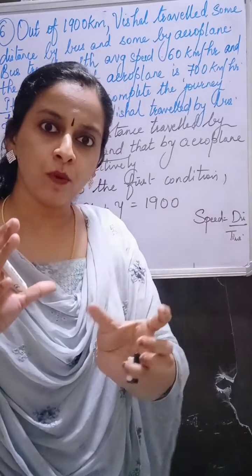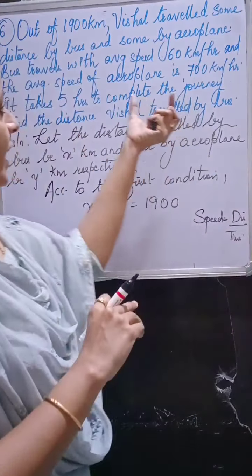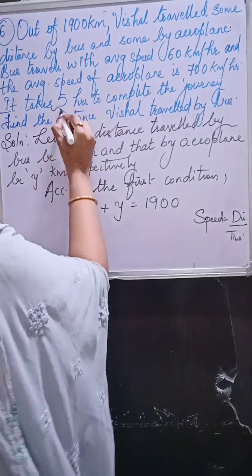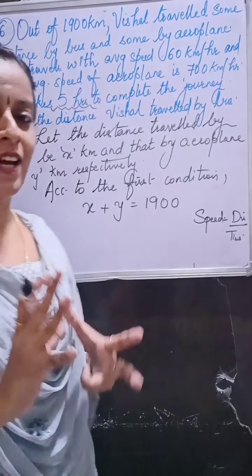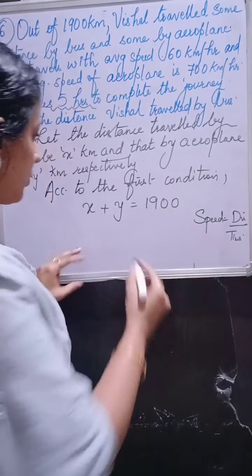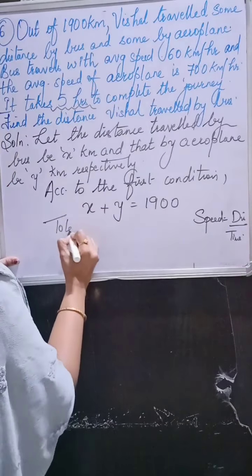Bus and aeroplane total time taken was 5 hours. Here comes the main hero, 5 hours. So total time we have, write down: total time is equal to 5 hours.